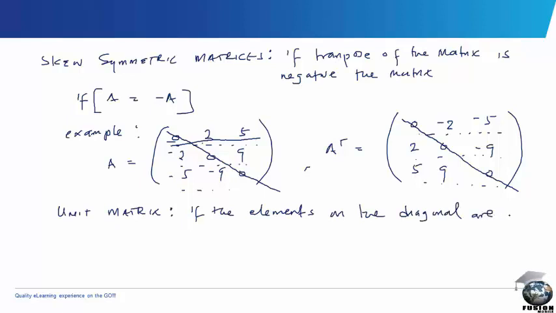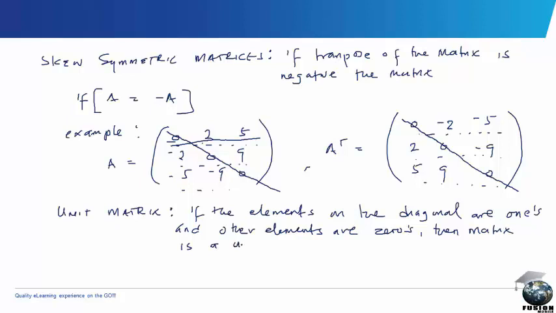So we are saying that if the elements on the diagonal are just made up of ones and the other elements are zeros, then the matrix is a unit matrix.